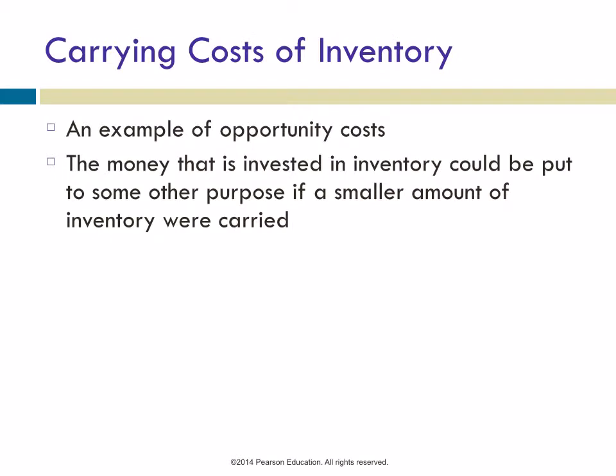So carrying costs of inventory is just an example of opportunity costs, because any inventory that you're carrying on hand, that you're just sitting on, is basically money that could have been spent, or resources that could have been devoted to some other purpose if you had been, like, a just-in-time manufacturer, where you're not sitting on any inventory, you're just making it as the orders come in.